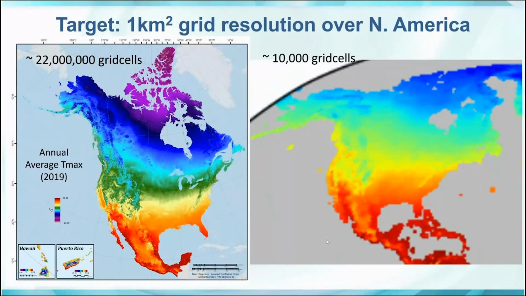There's obviously lots of important detail that's not captured in the half-degree grid that we think we can capture with a 1 kilometer grid, including all the topographic effects, as well as details of the synoptic scale forcing that are missing at the half-degree.